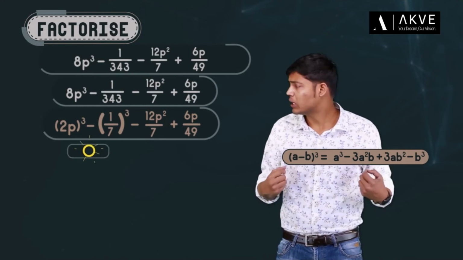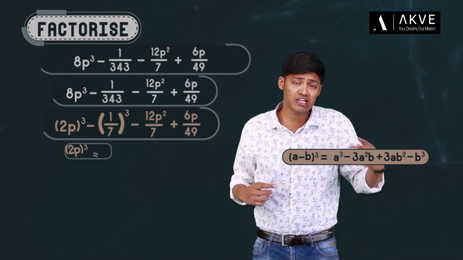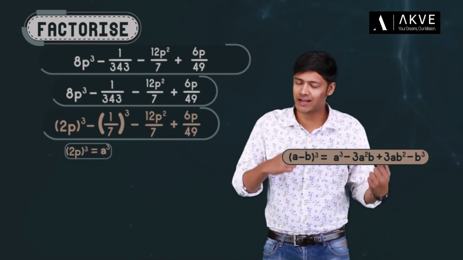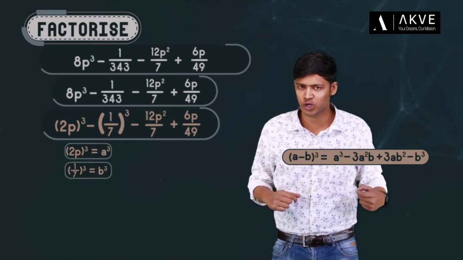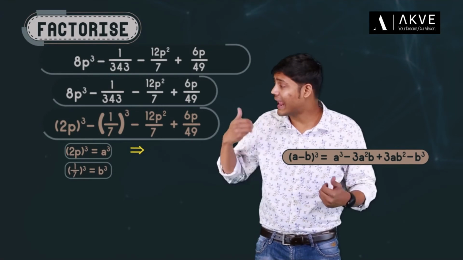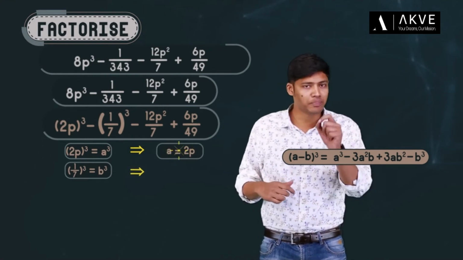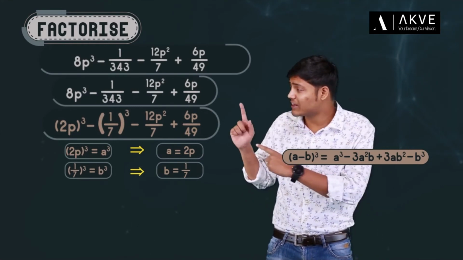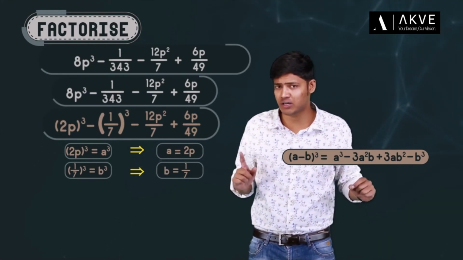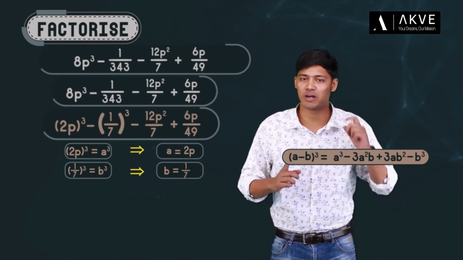So here we have 2p whole cubed corresponding to a cubed and 1 by 7 whole cubed corresponding to b cubed. So if we suppose a equal to 2p and b equal to 1 by 7, we can clearly see that even the remaining terms of the expression follow the identity as well.